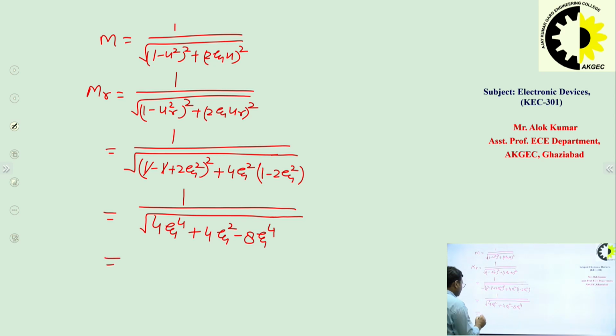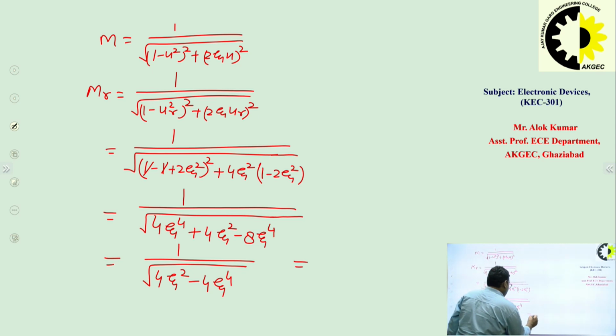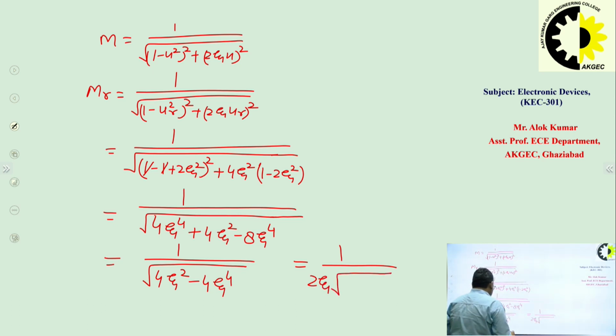So we can further solve this and we will get 1 upon under root 4 zeta square minus 4 zeta to the power 4, right? Now we can take 4 zeta square common, so it will be 1 upon 2 zeta into under root 1 minus zeta square. Okay, so this will be the final expression of MR.